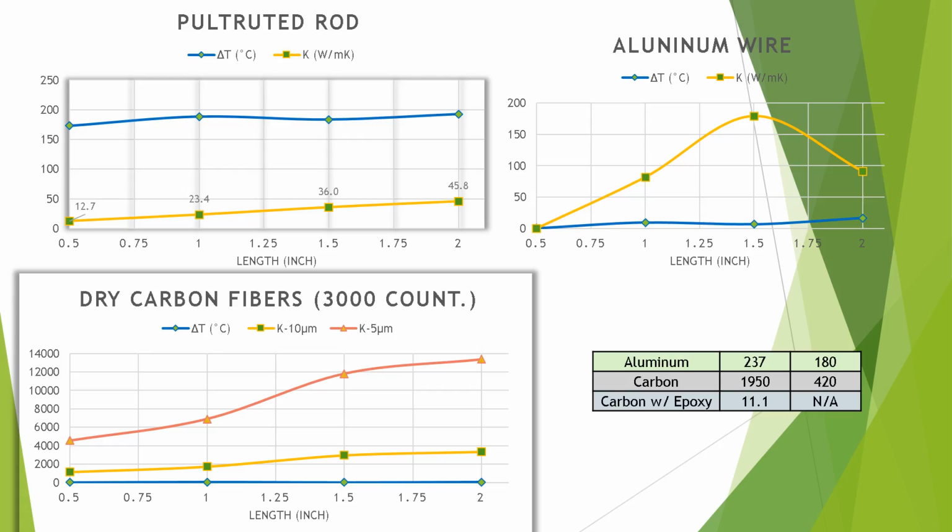The data from our experiment. On the bottom right hand, we have the values on the right hand side from Dr. Strong's book, and the middle there is from our heat transfer book. We're going to look at the aluminum wire. Notice that the thermal conductivity, the yellow or orange looking line, is not linear or straight.